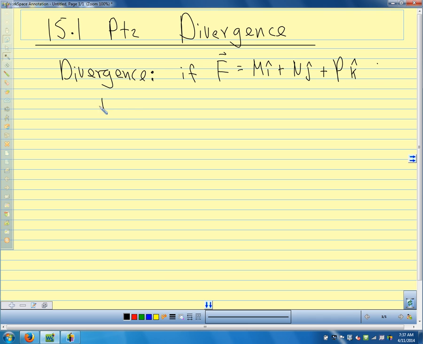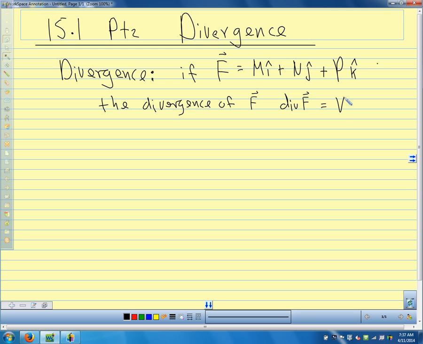The divergence, and we'll write the divergence a couple of ways. You'll see div f.